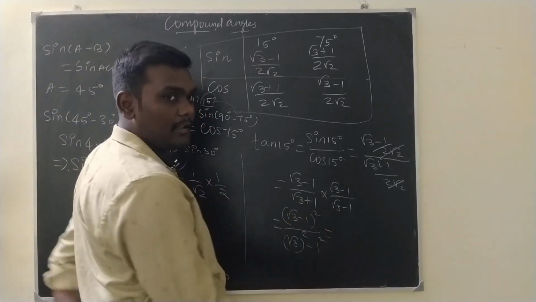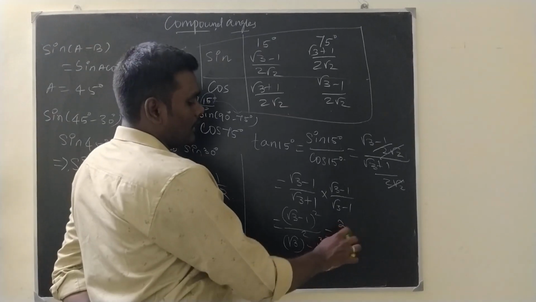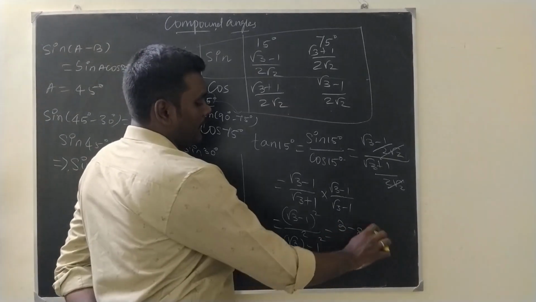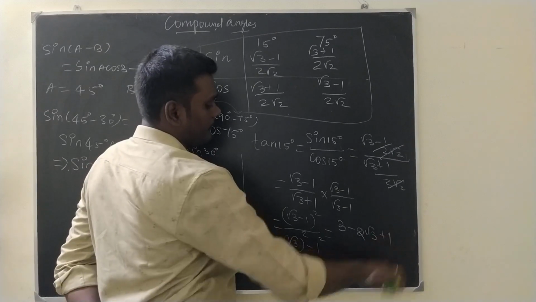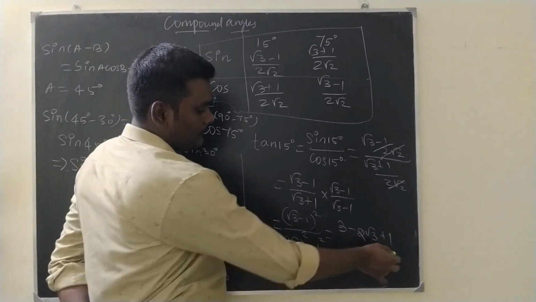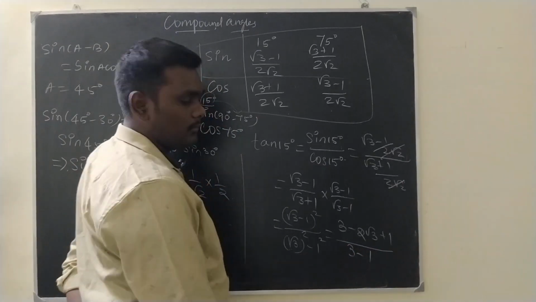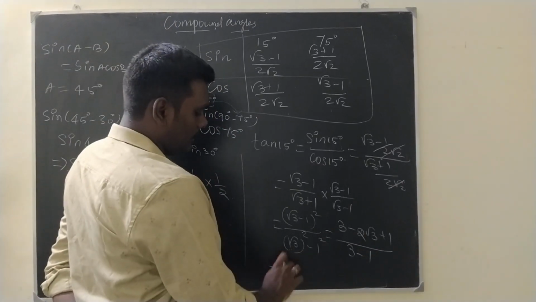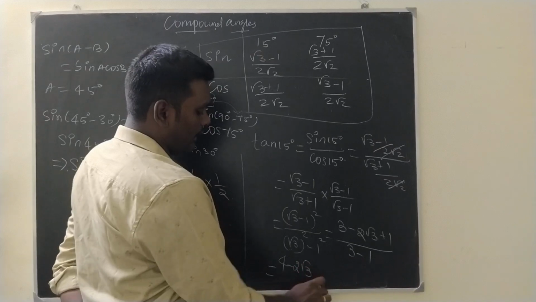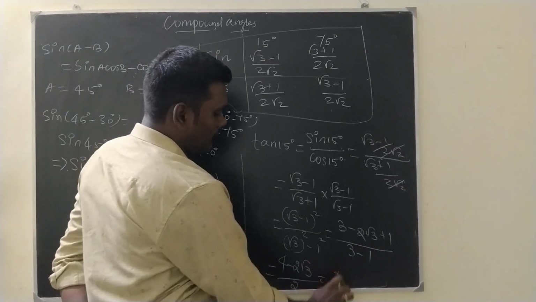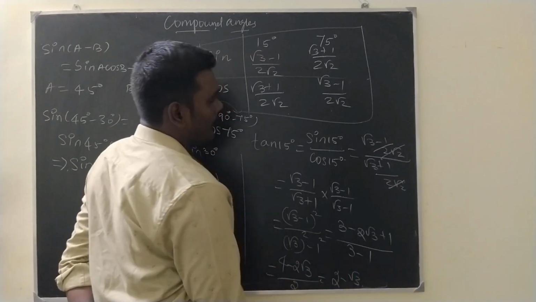Root 3 minus 1 whole square is 3 minus 2 root 3 plus 1, divided by 3 minus 1. So 4 minus 2 root 3 divided by 2. Our answer is 2 minus root 3.